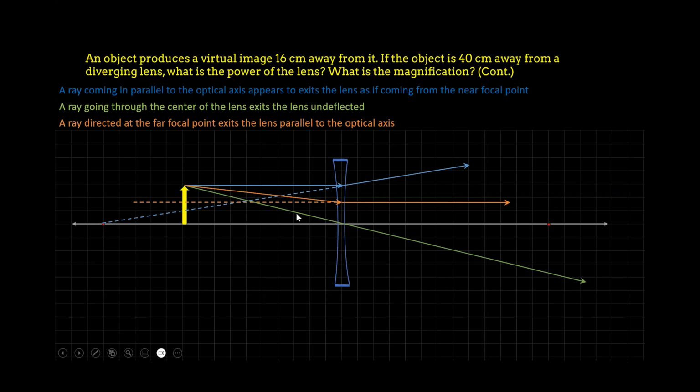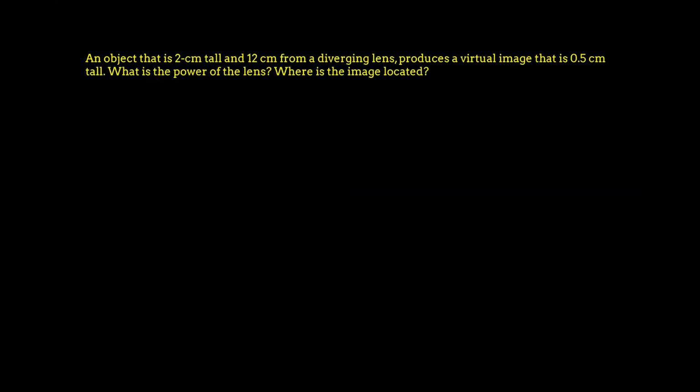All right, let's move on to number 2. So a 2 centimeter tall object, 12 centimeters from a diverging lens. So DO is 12 centimeters. HO is 2 centimeters. It produces a virtual image that's 0.5 centimeters tall. So HI is 0.5 centimeters.